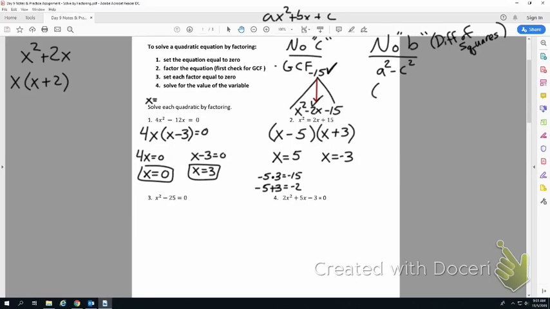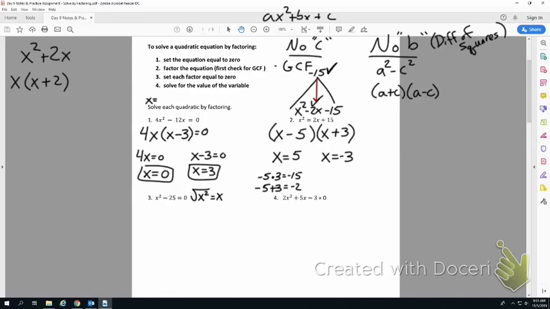Whenever you have that, your answer is going to be a plus c and a minus c. So what that means is we're going to take the square root of both the first and the second term in that equation, and we're going to do a plus c and a minus c. So my a squared is x squared, which, what is the square root of x squared?